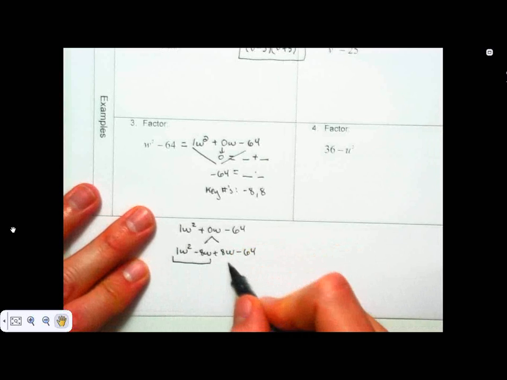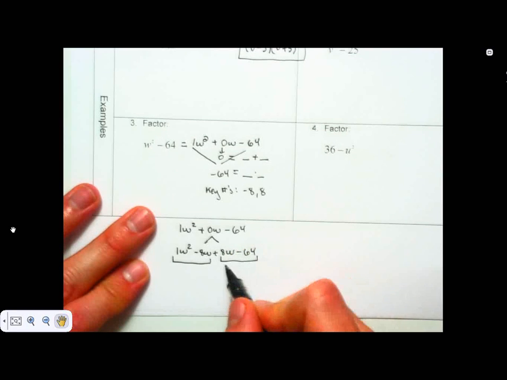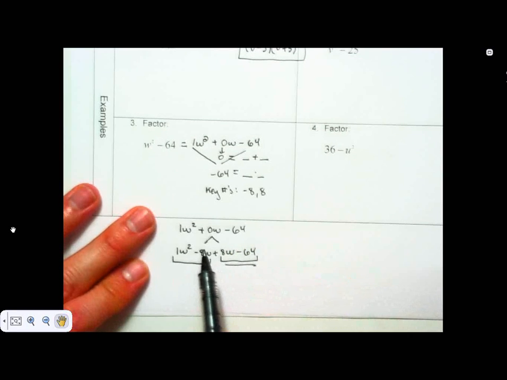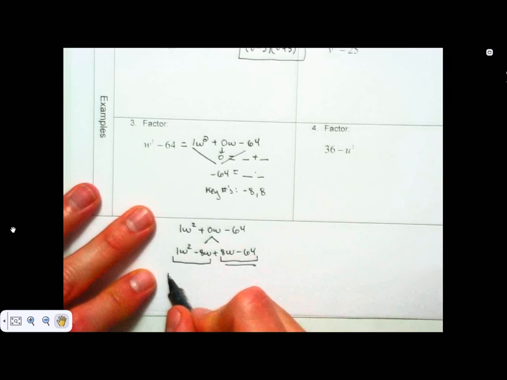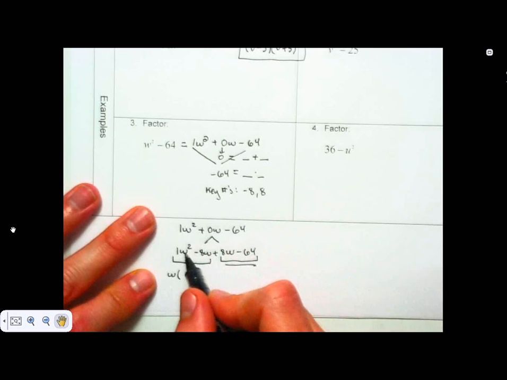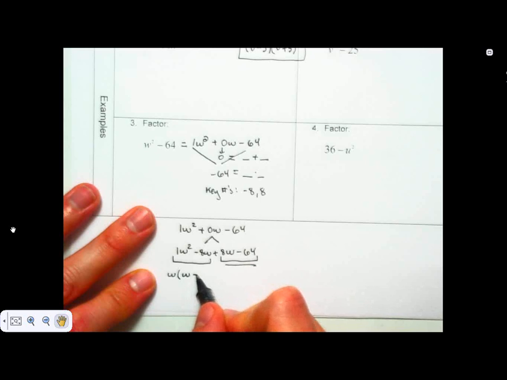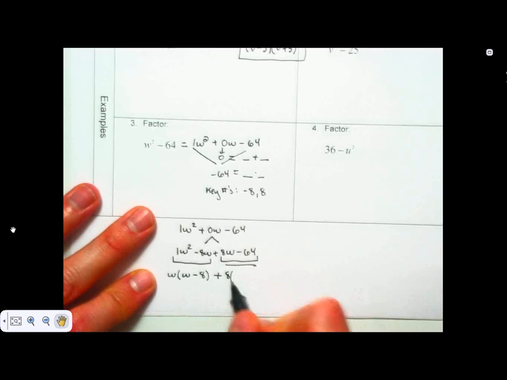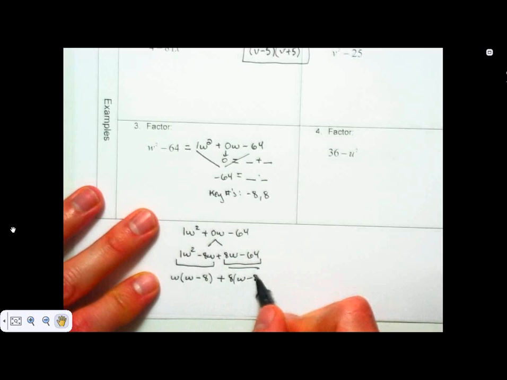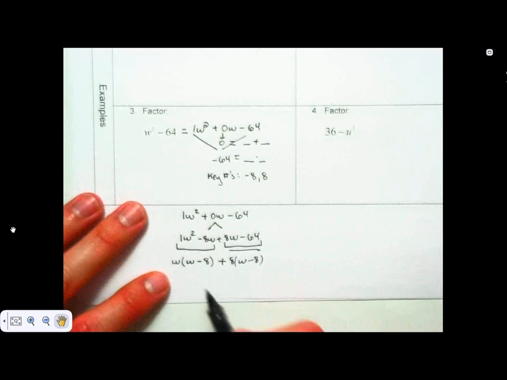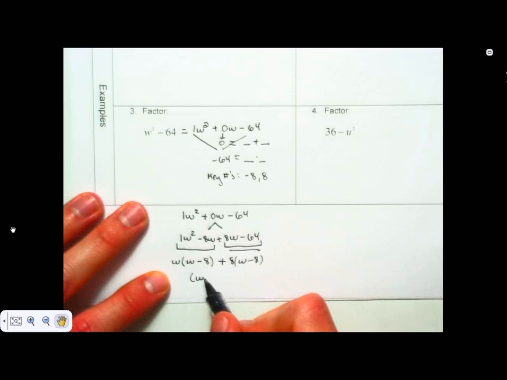So I've got my first two terms in one group, my second two terms in a second group. And these first two terms I can definitely factor a w out, which is going to leave w minus 8. The second group I can factor an 8 out, which is going to leave w minus 8. So my final answer is going to be w minus 8 times w plus 8.